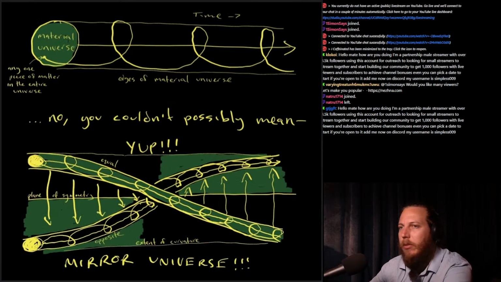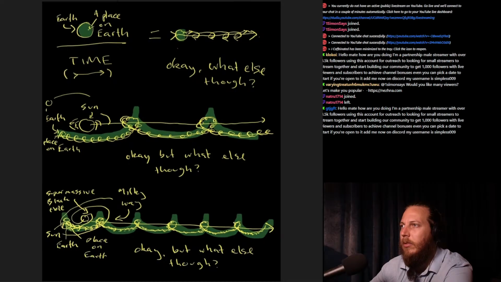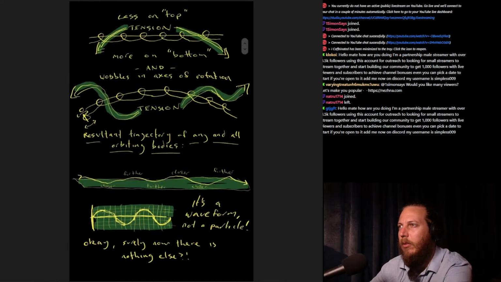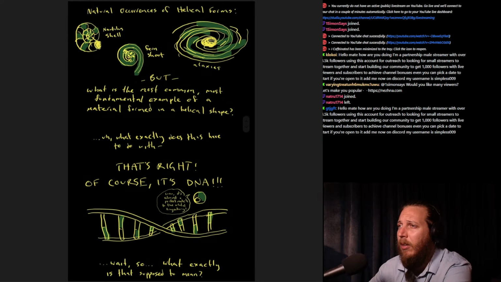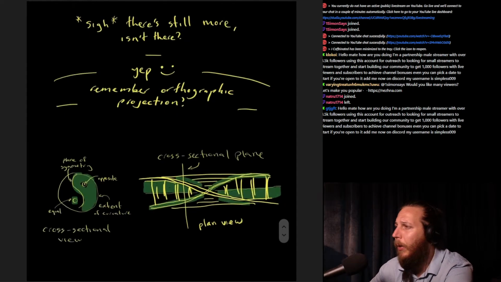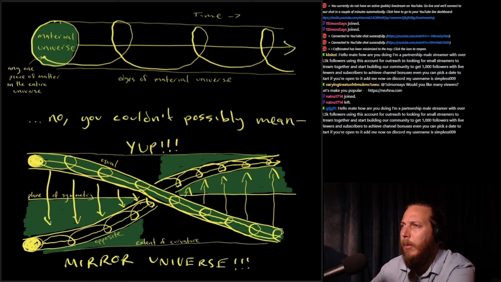We went through my notes on the mirror universe, where I am not a physicist, I am not a mathematician, but I noticed that if you track the universe, it kind of makes it look like DNA, and that made me go, huh.